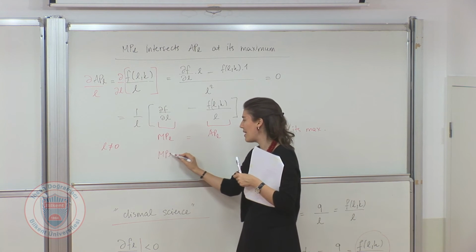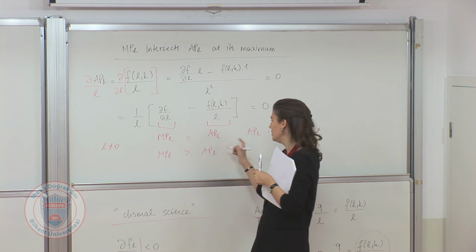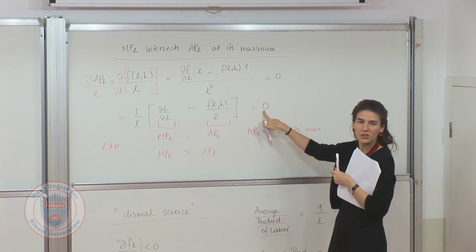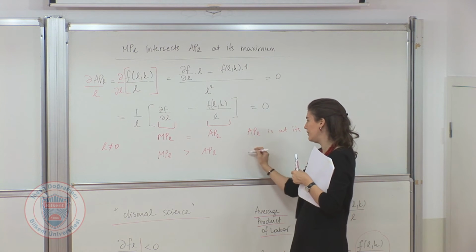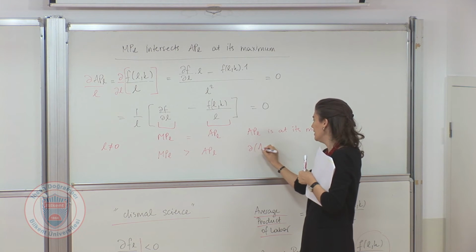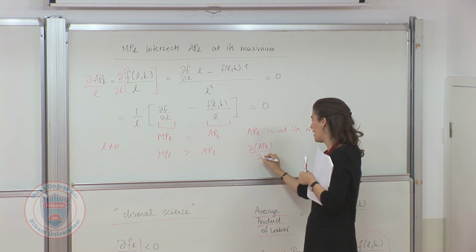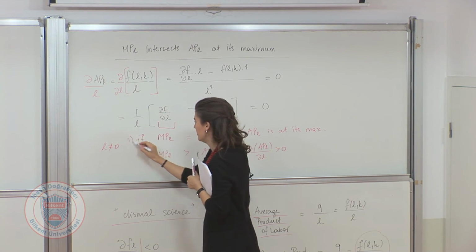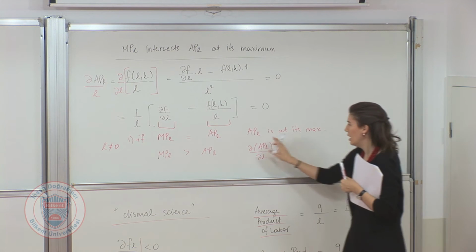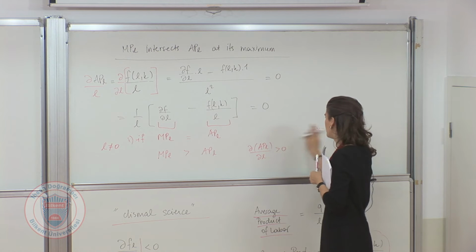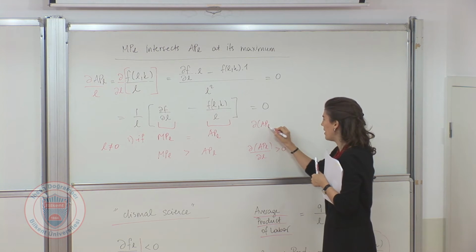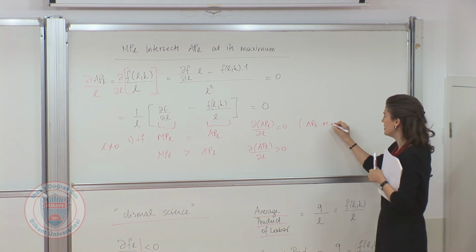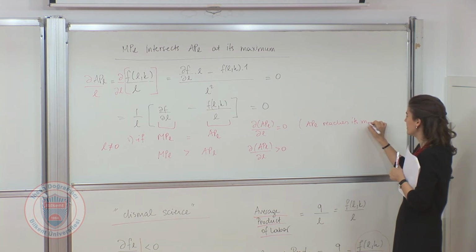And what about when MPL is greater than APL? Then this is going to be greater than 0, so the derivative del APL over del L is positive. If these are equal, del APL over del L is equal to 0, and APL reaches its max.